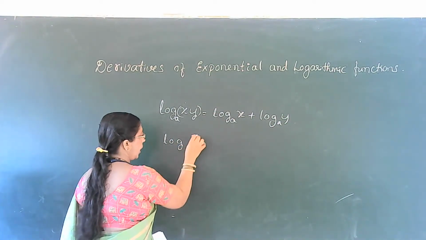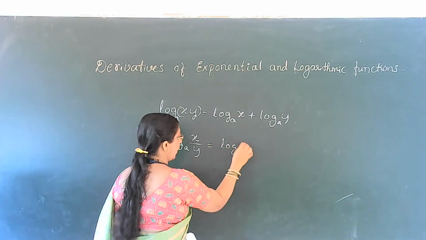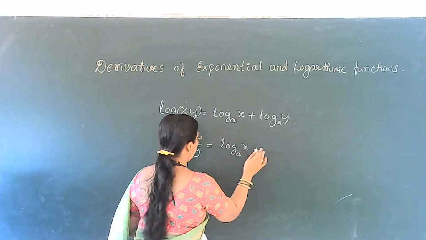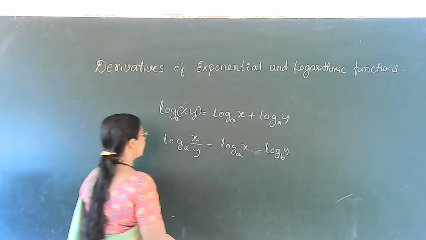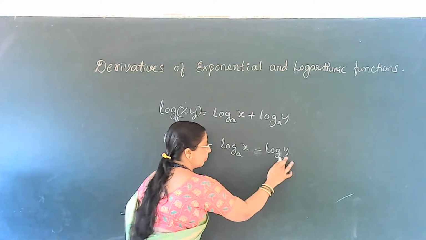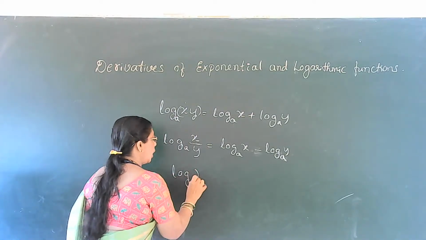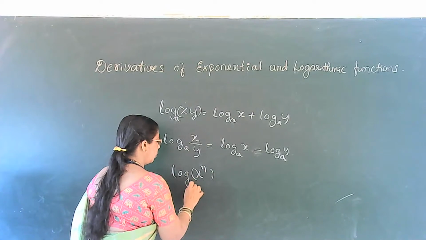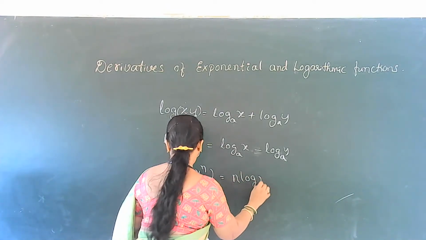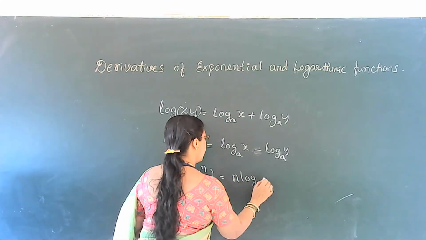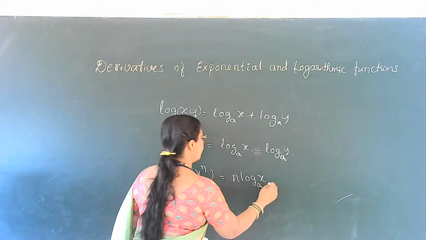Then log of x by y to the base a is equal to log of x to the base a minus log of y to the base a. Then log of x to the power n to the base a is equal to n into log of x to the base a.